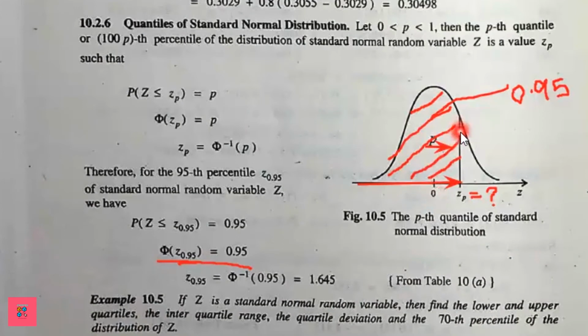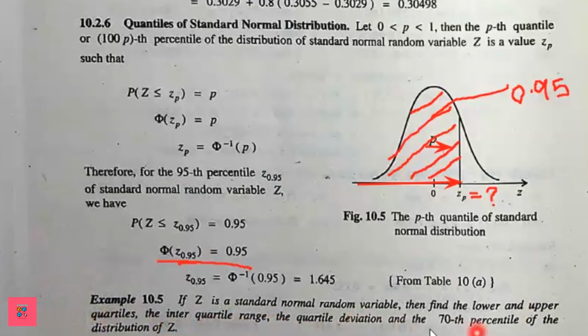Below the third quartile, 75% area lies; 25% area lies below the first quartile, and 50% area below the second quartile. So we have to find upper and lower, which means Q1 and Q3 are required, and the interquartile range is the difference that depends on the quartiles. Firstly, we will find the quartiles, then we will automatically find the interquartile range and the quartile deviation also.